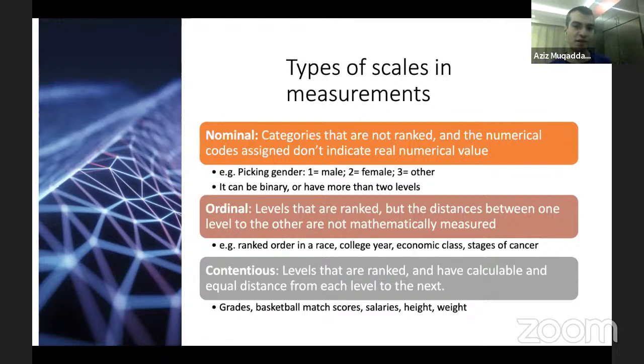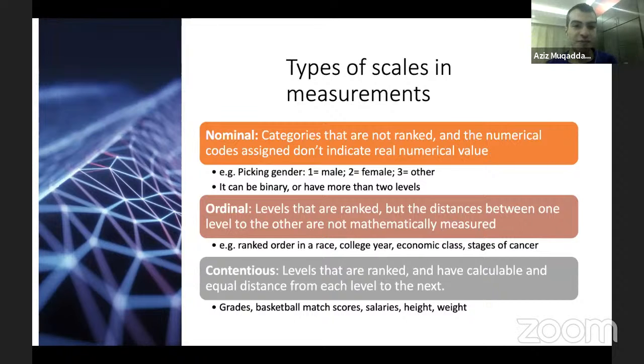So grades, for instance: I scored 100 in an exam, and Annie scored 98. Annie is 2 points behind me. Those are actual calculable differences. Those are not just arbitrary numbers for ranking. Those are real numbers, real values, right?